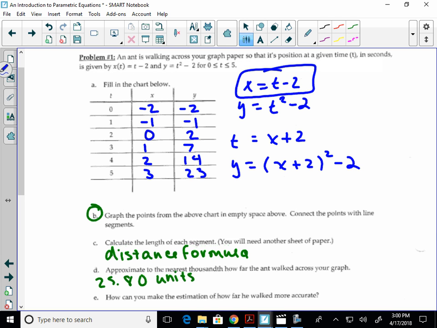So if you went to your calculator, changed it to function mode, and you put this in, it should look like that, except for the fact that it's going to be a whole parabola. You would have to restrict it to get that. So x would have to be greater than or equal to negative 2 for yours to look like that in function mode.